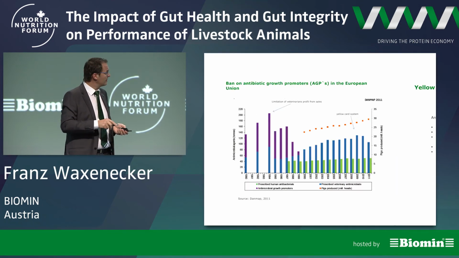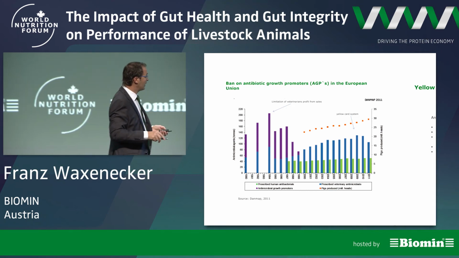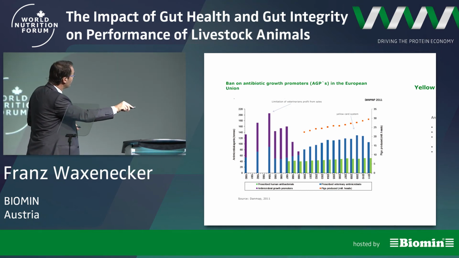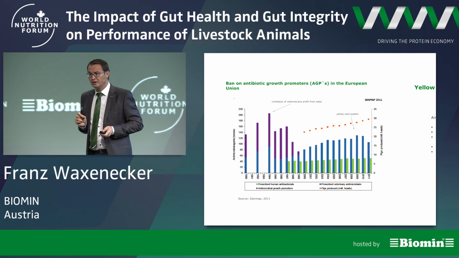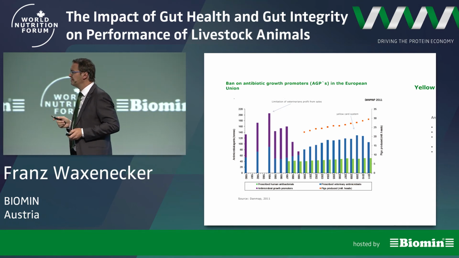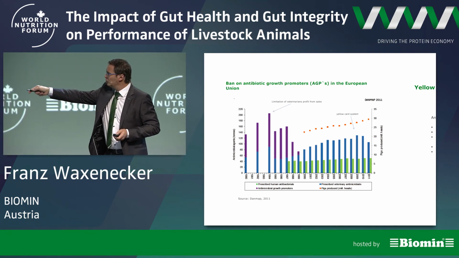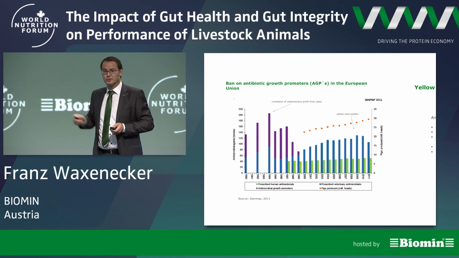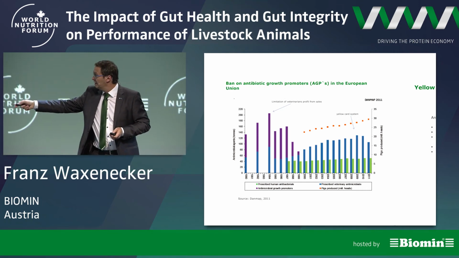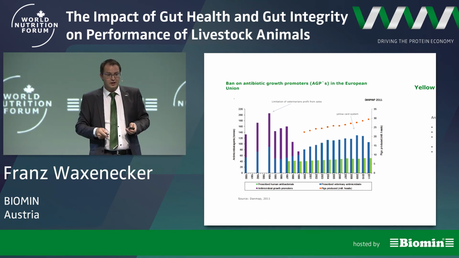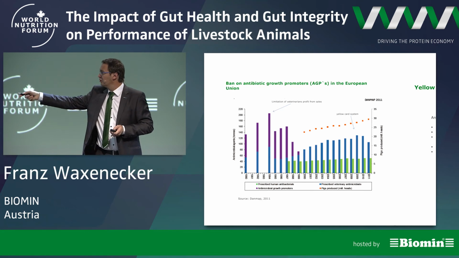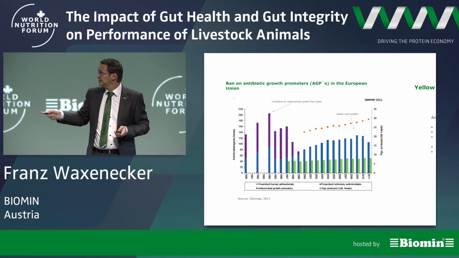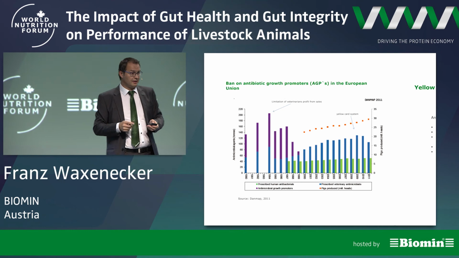That's again Denmark, and now the timeline goes up to 2011. And what was recorded in Denmark is that even though the use of antibiotic growth promoters went down, the use of veterinary antibiotics was still increasing.